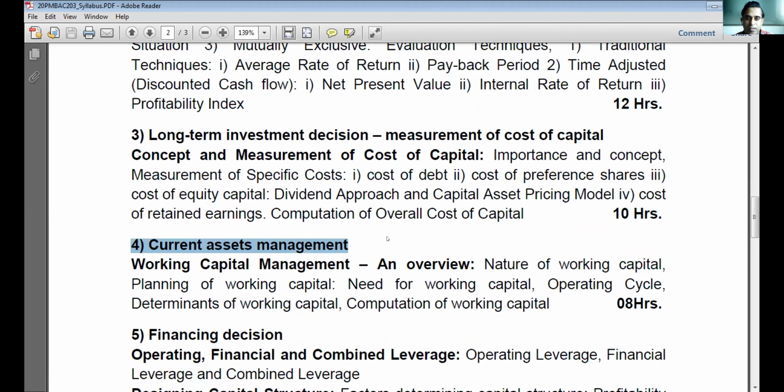There are different current assets where the company has to arrange finance to invest in. A list of current assets and current liabilities we will definitely go through, but before we begin, I'm just giving you an idea. We are going to begin with the chapter on working capital management and overview.